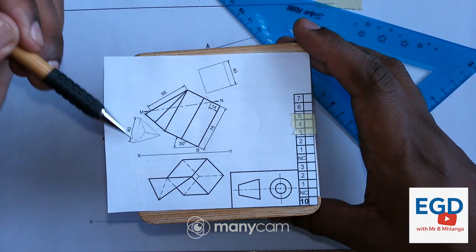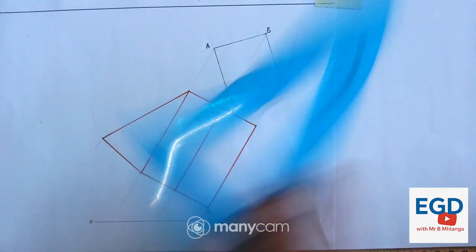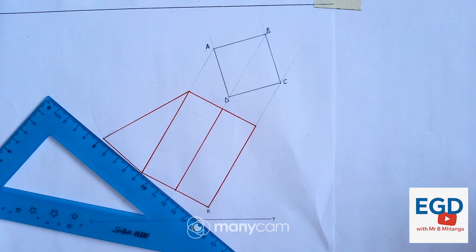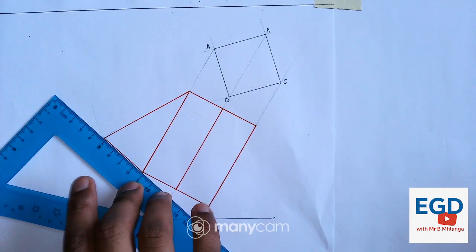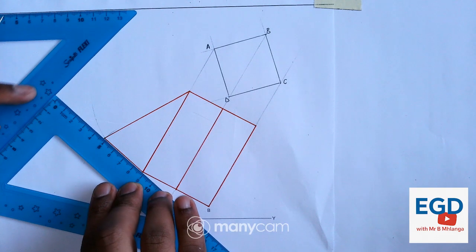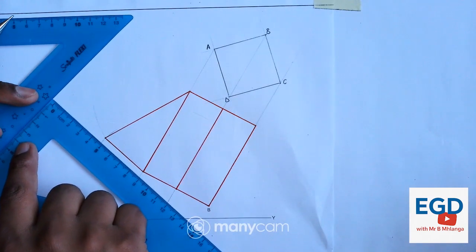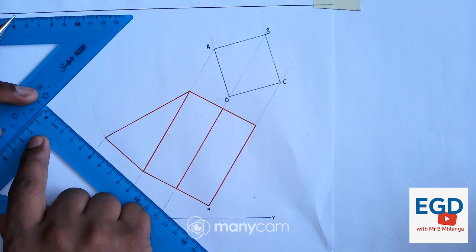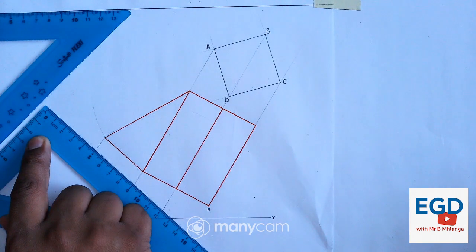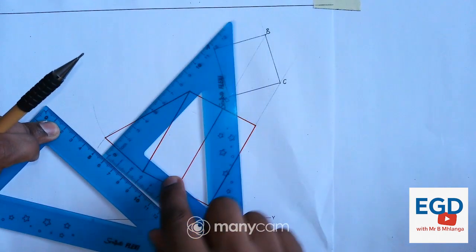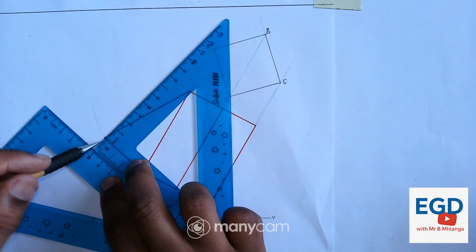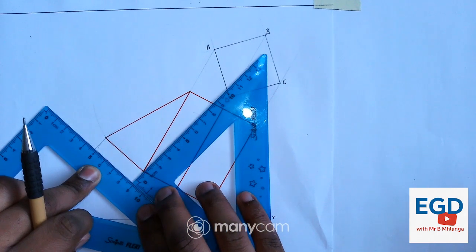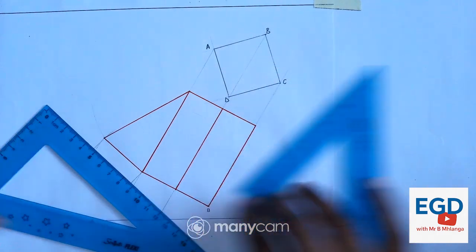Okay, so I'll have to draw this auxiliary view, so I can just put my set square there on that base of the pyramid, and then just put the other set square there, and then now that means I'll just slide this set square down there, then draw a line, and then put the set square this side and project this point down to that line, and also this point there like that.